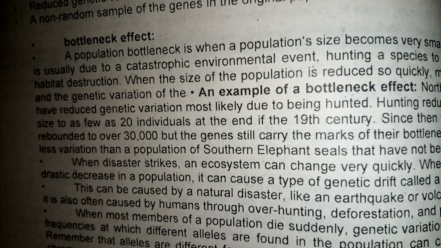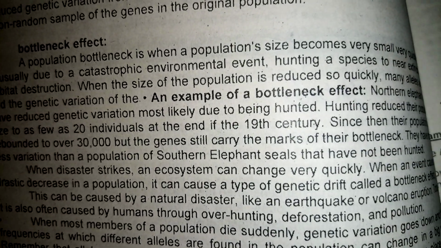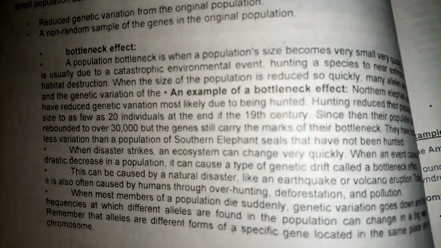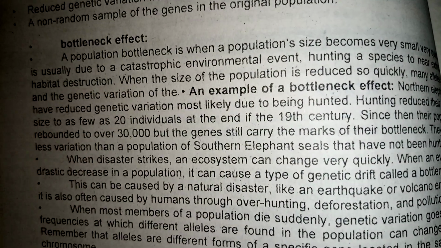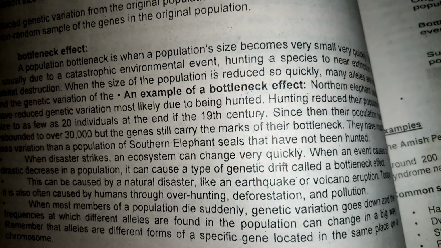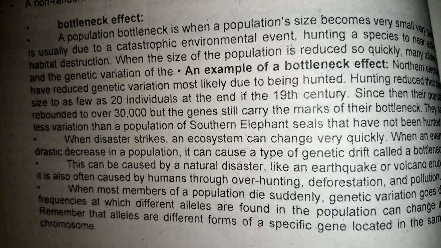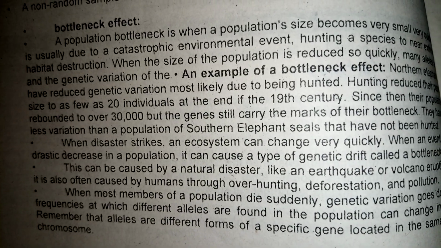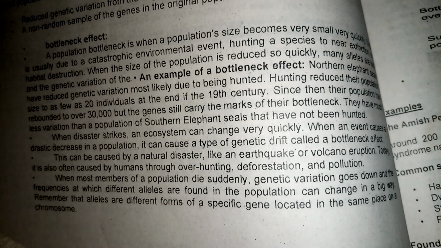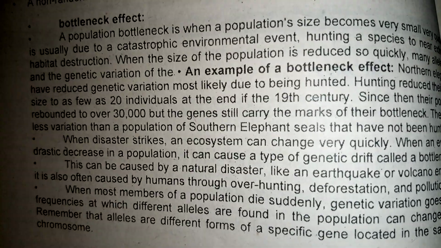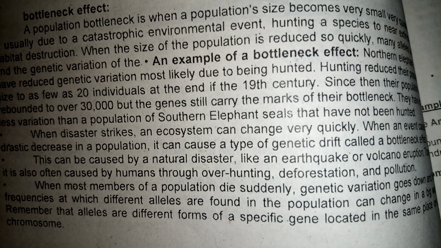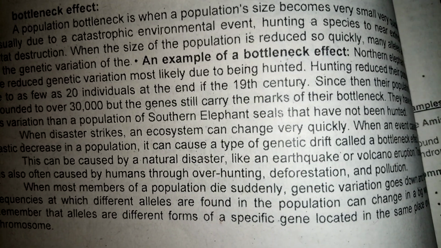When disaster strikes, an ecosystem can change very quickly. When an event causes a drastic decrease in a population, it can cause a type of genetic drift called a bottleneck effect. This can be caused by natural disasters like an earthquake or volcano eruption. Today, humans do it through overhunting, deforestation, and pollution.